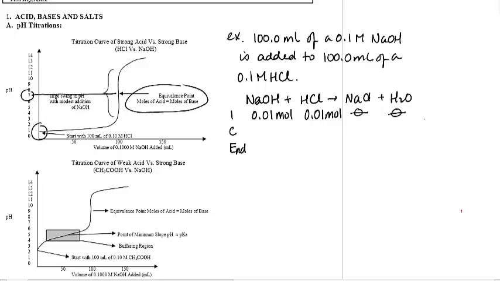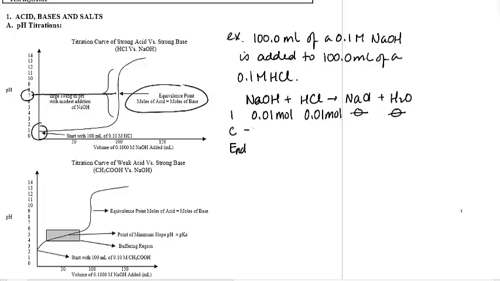As you can see, the number of moles of NaOH is equal to the number of moles of HCl. As a result, there is no limiting reagent and there is no reagent that is in excess. They will all cancel out or react completely with each other.